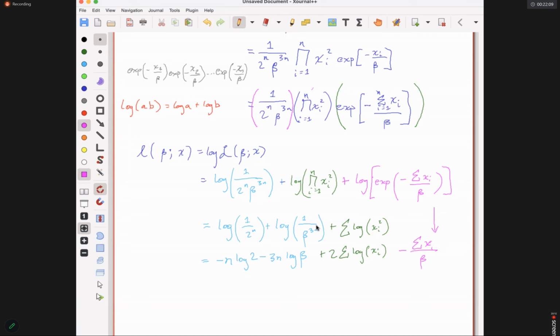I'll change this back to the dark blue for all of it. Now where do I go from here if I'm looking for the maximum likelihood estimator of beta?